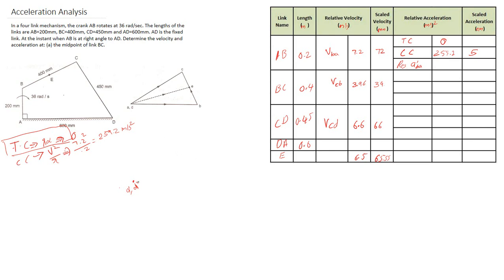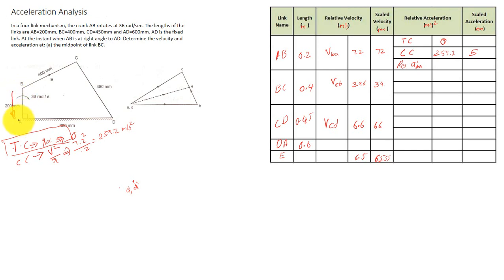Next is the direction. I have told that the direction of the centripetal component will be parallel to the link, and the value will be equal to 259.2 meter per second square, and the direction will be like this. That means towards the fixed point.